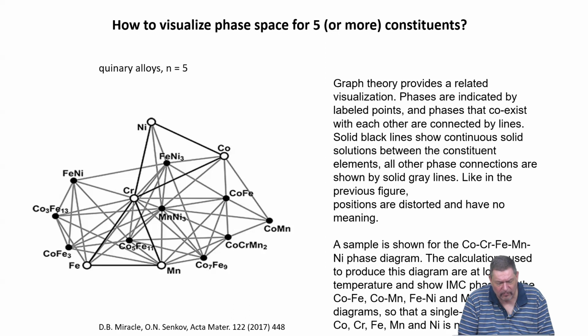Now you basically arrange these points in this representation at random. So where they are situated in this representation doesn't tell you anything about real alloy composition. It's just the connecting lines that carry the information, because the solid thick black lines show these continuous solid solutions between the phases that are connected.